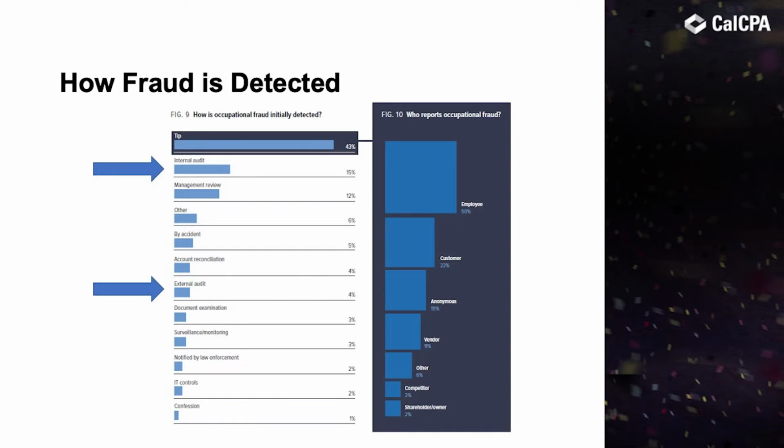If you notice in this particular chart, an external audit only identified fraud 4% of the time. Internal audits obviously have more opportunity to identify when fraud is occurring. In that case, you'll see that about 15% of the frauds that were examined were identified due to an internal audit.